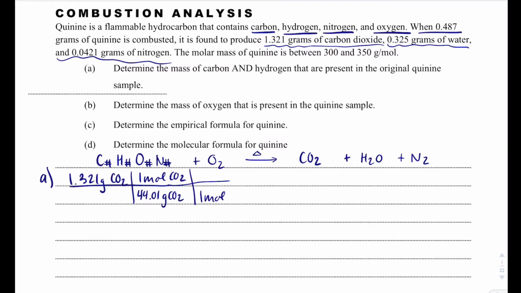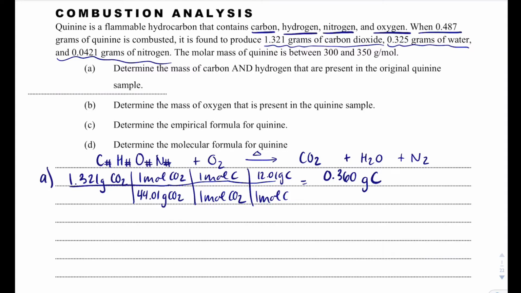In 1 mole of CO2, there is 1 mole of C, and in 1 mole of C, there's 12.01 grams of C. When you plug that into your calculator, we get 0.360 grams of carbon.